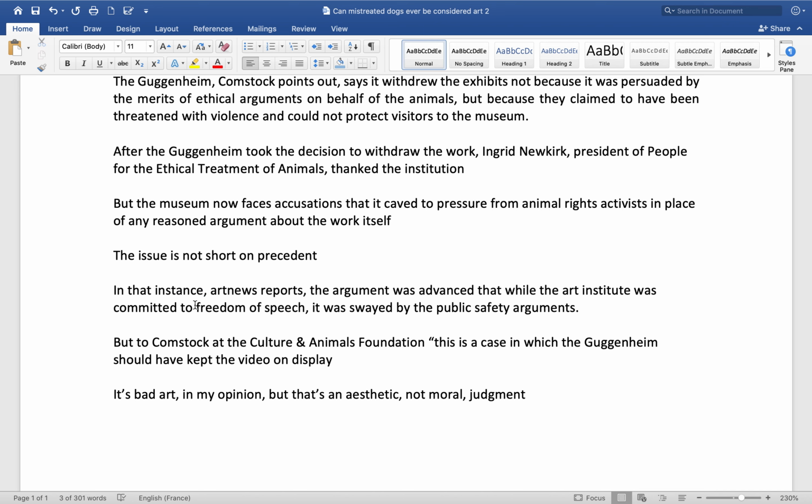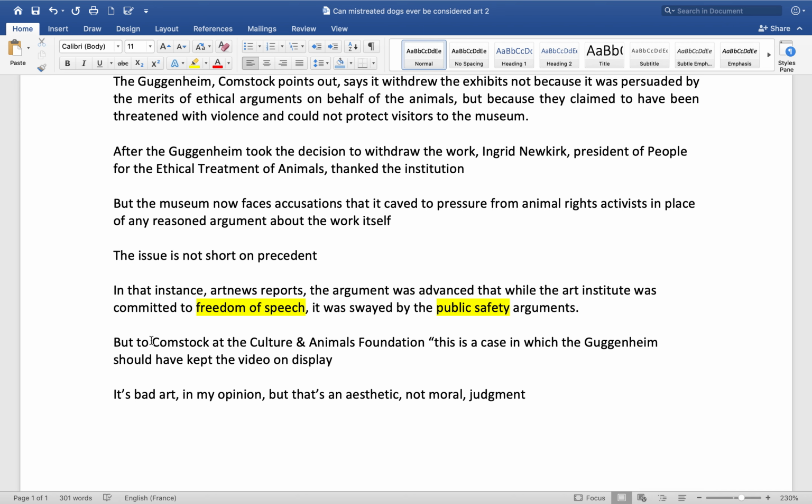So once again, we're back to this issue of freedom of speech and public safety arguments in these previous examples, which means that how safe is it to express your views? How safe is it to use your freedom of speech or freedom to design a piece of art that is offensive?